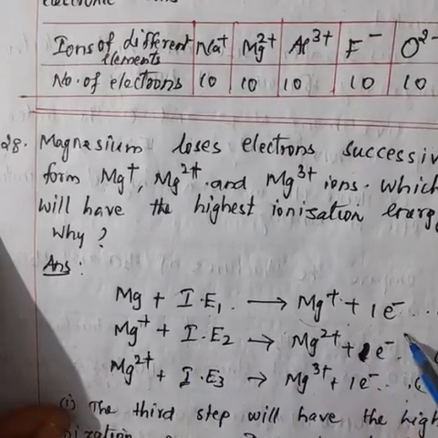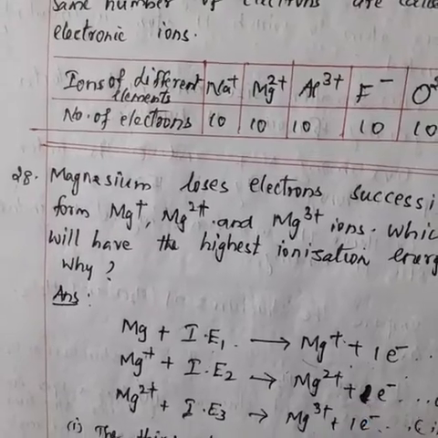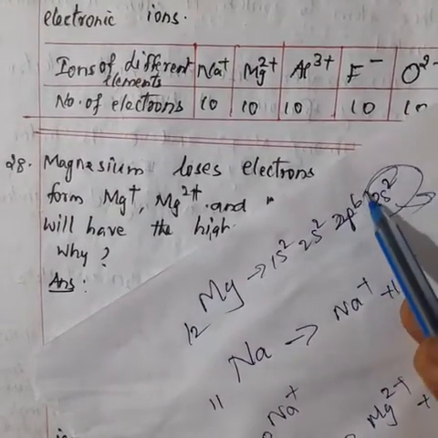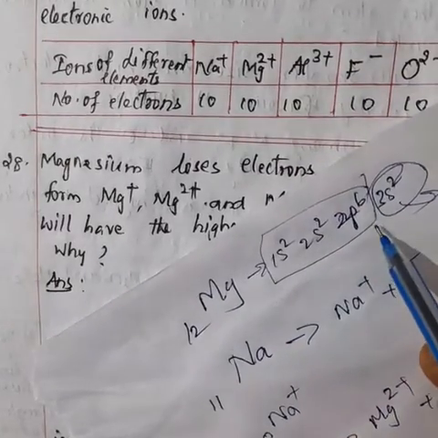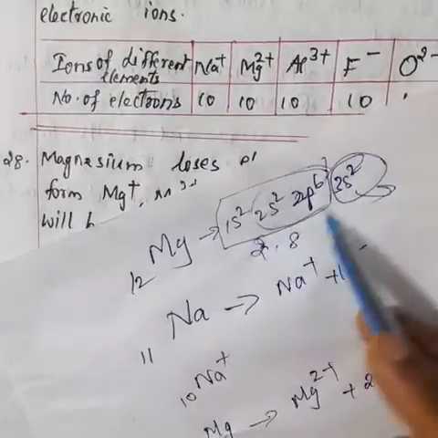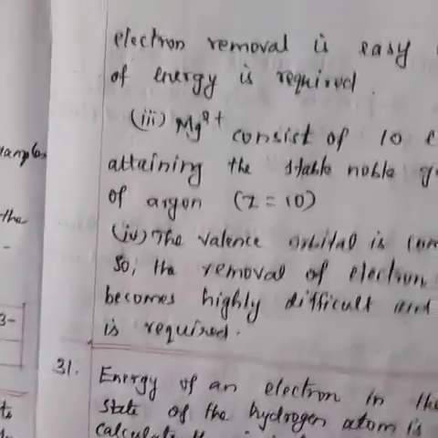Mg2+ consists of 10 electrons, so the electronic configuration is 2,8, attaining the stable noble gas configuration. For the second ionization energy, Mg+ again loses one electron to form Mg2+.